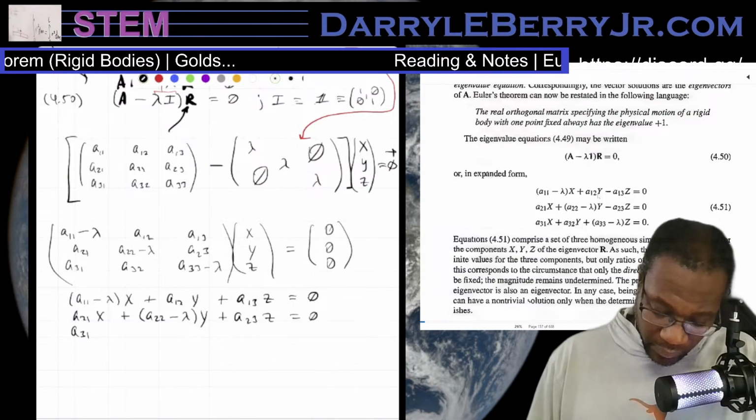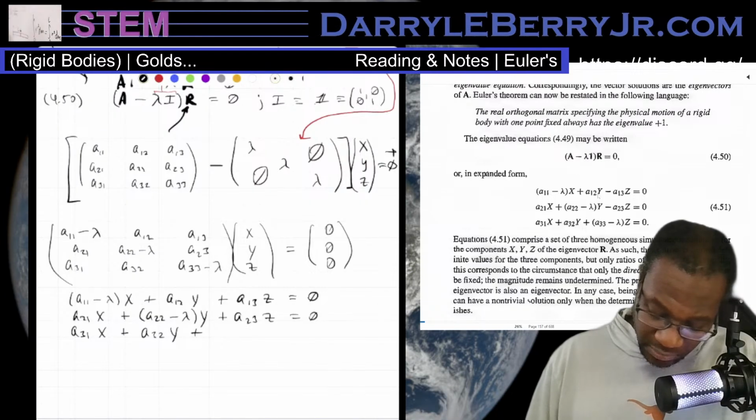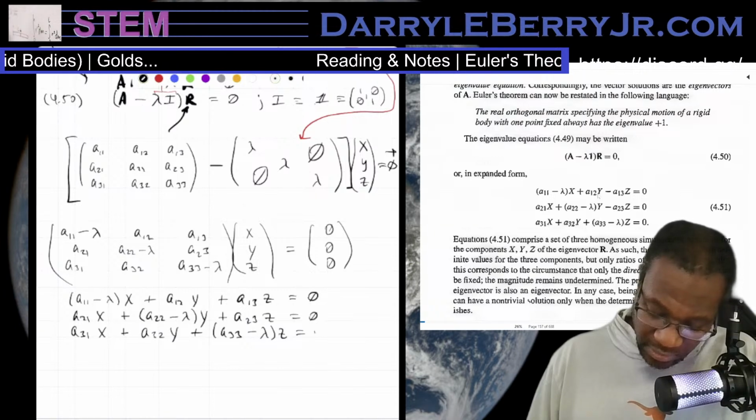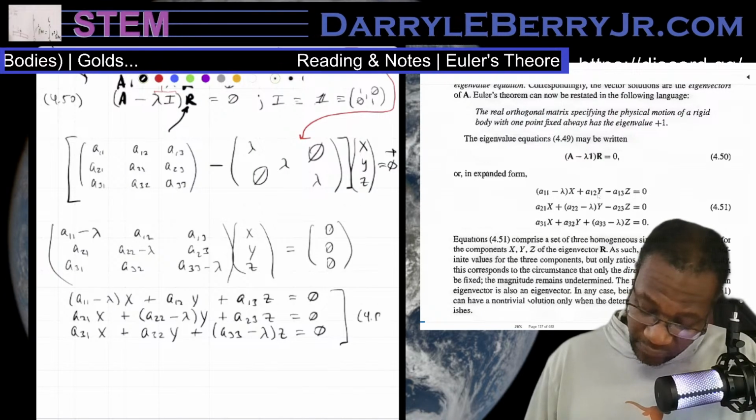And a31x plus a32y plus (a33 minus lambda)z equals 0. And this becomes 4.51.